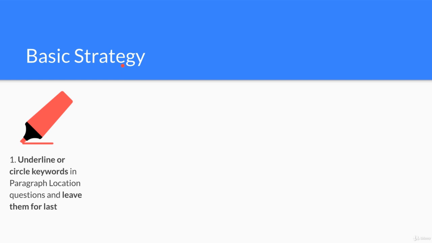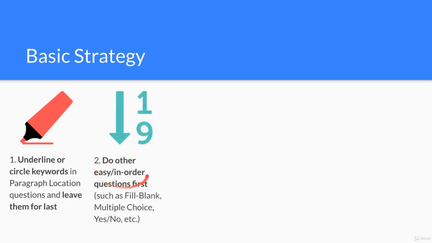Now let's go over the basic strategy. So first, you're going to be marking the keywords in the paragraph location questions, and then you're just going to leave those questions for the end. So after you have marked the keywords in those questions, don't do anything with them, just leave them be and move on to doing the easy questions first.